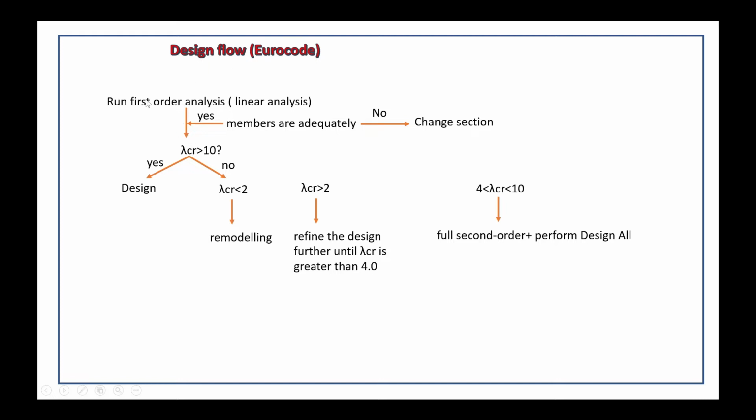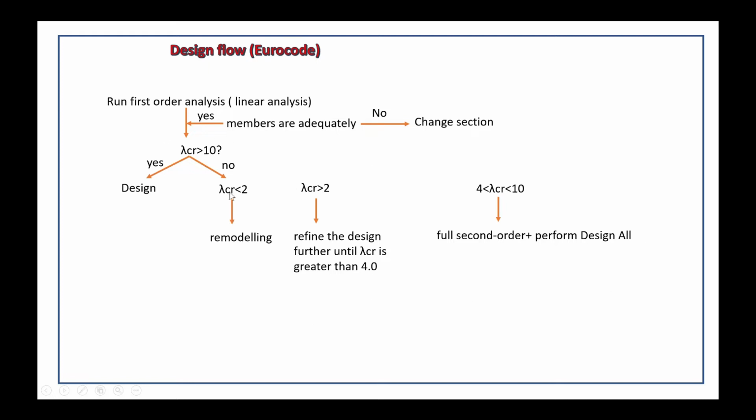The design flow: you can run the first order analysis in case your structure has a lambda critical greater than 10. And if lambda critical is greater than 10, you can continue to design. But if the value is lower than 10, you must check the value of lambda critical.